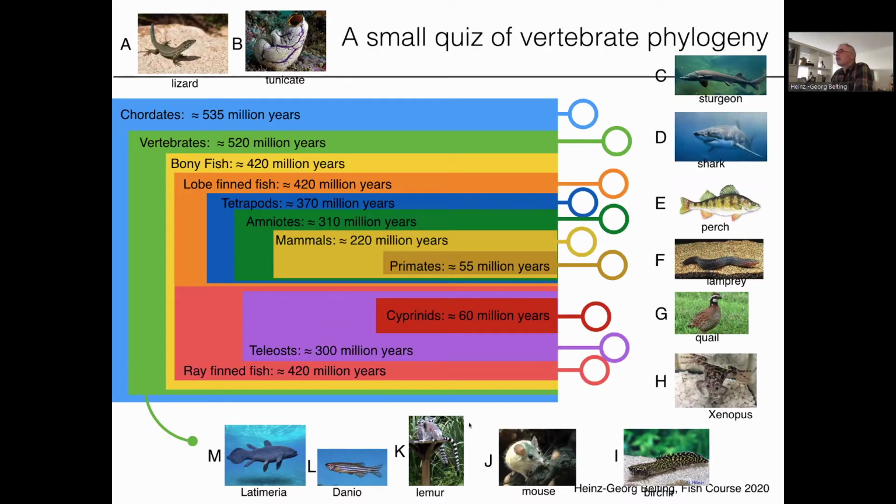And then you can wonder about which animal fits what. I want to give you a sense of the timeline when certain species evolved during vertebrate phylogeny. And we can discuss this a little bit later in the afternoon.